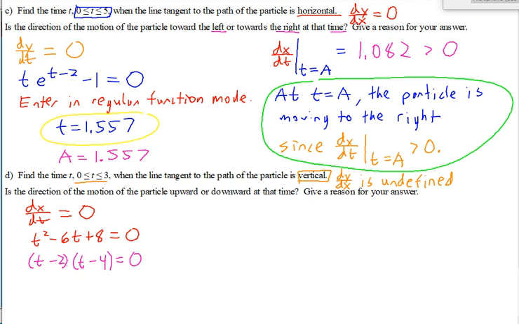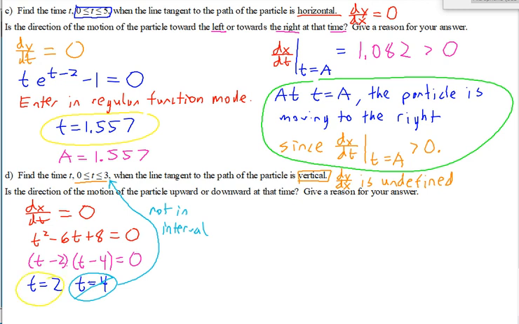So you get t equals 2 and t equals 4, but notice 4 is not in the interval. So we're going to cross out time 4. So the only one in the interval 0 to 3 is time 2. So that part we didn't need our calculator for.